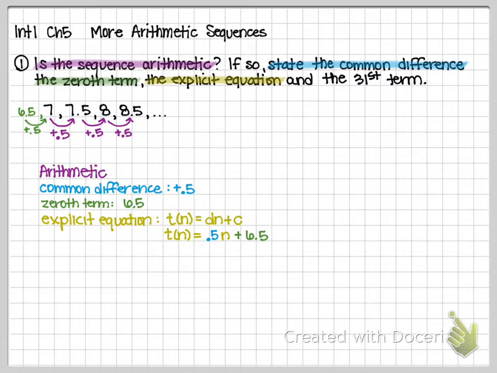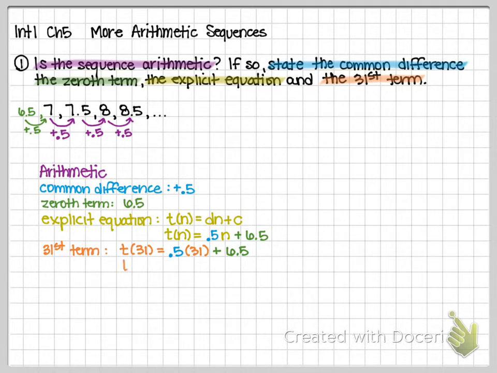All right, let's move on. The 31st term. To find the 31st term, we take our explicit equation, and everywhere there is an n, we put a 31 in its place. There's our 0.5 from the common difference. We plug a 31 in for n, and then bring down the c value, which is 6.5.